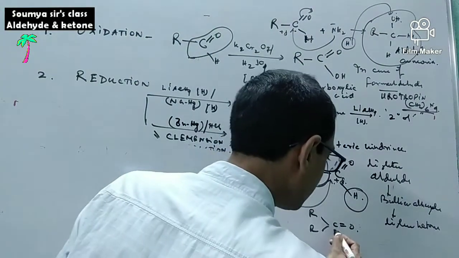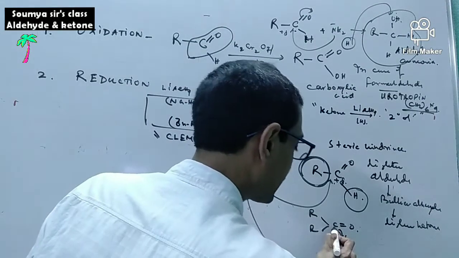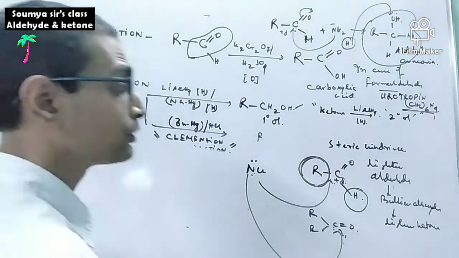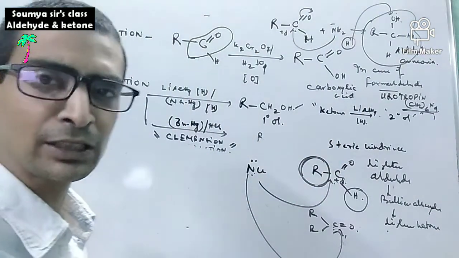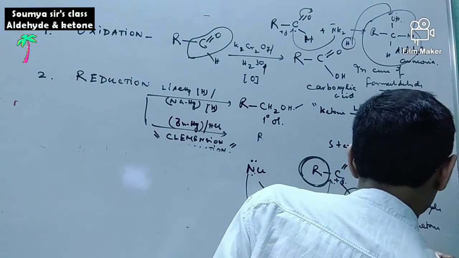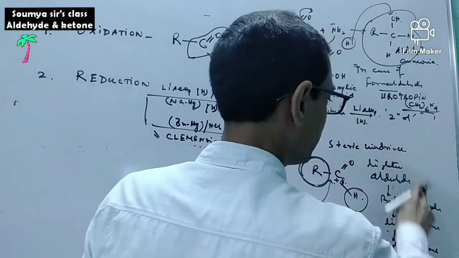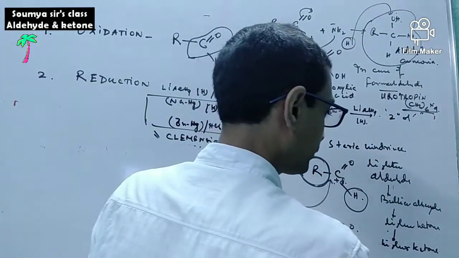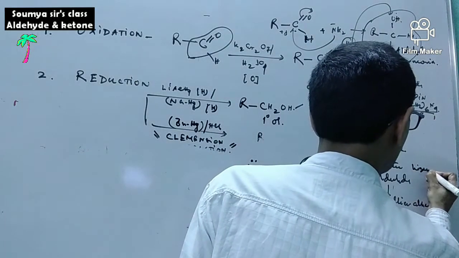As a result there is steric hindrance, that is, the nucleophile cannot adequately attack the carbon delta positive part because less accommodation is there. So steric hindrance increases. In case of lighter ketone some nucleophilic addition is going on, but in case of higher ketone it will be lesser. So the greatest will be the lighter aldehyde, then the bulkier aldehyde, then the lighter ketone, then the higher ketone. So it is highest and it is lowest.